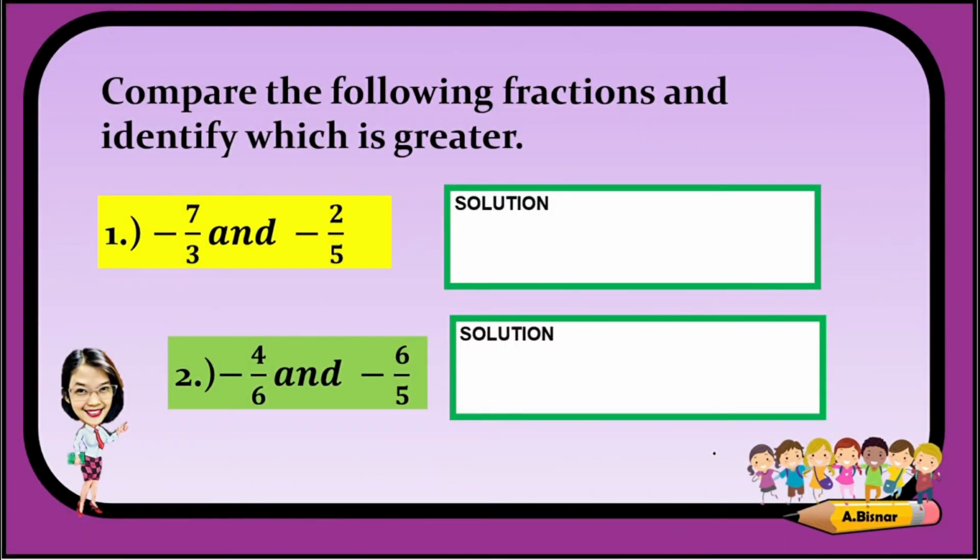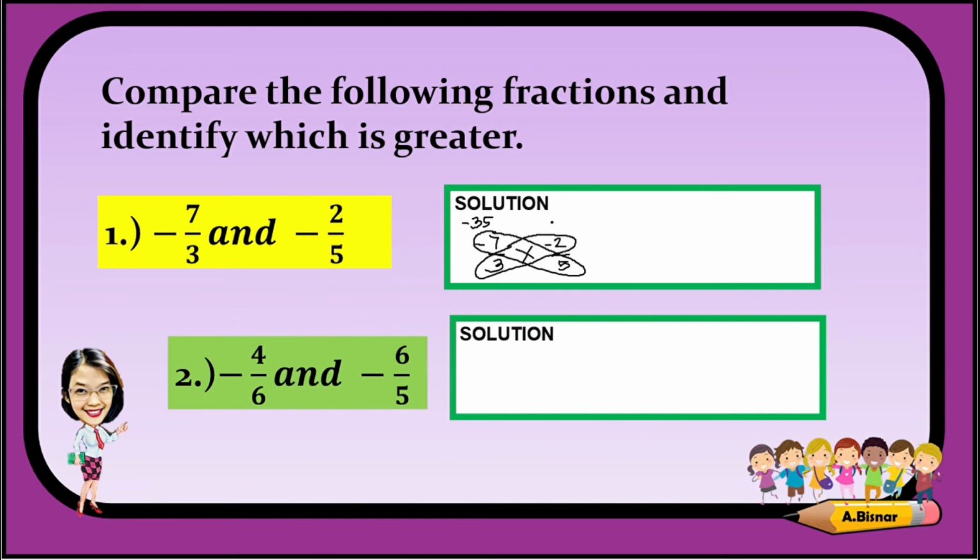For example, negative 7/3 and negative 2/5. So they are both negative. Well, if we cross-multiply negative 7 times 5, we have negative 35.